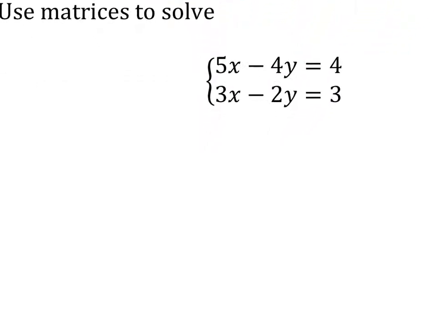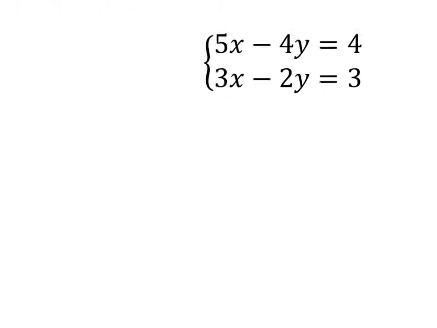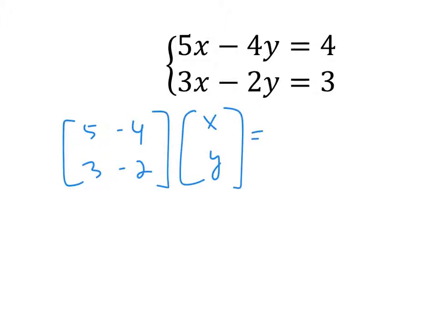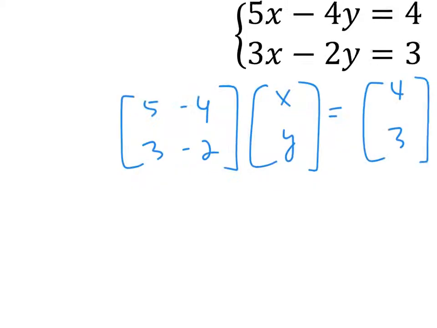All right. What's the setup on this matrix? And then times xy is equal to 4, 3, right? How do we solve this? By inverse matrix. What do we have to multiply by to get rid of whatever is next? Yeah, the inverse of this one.